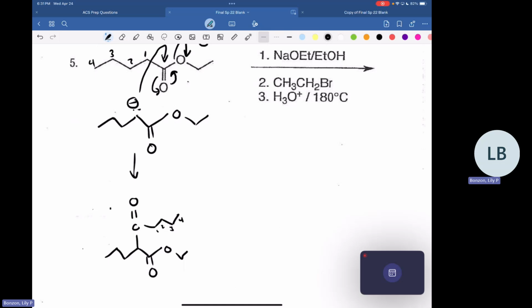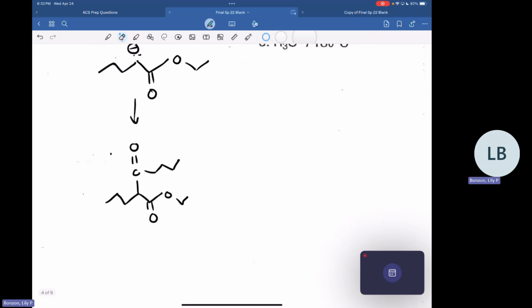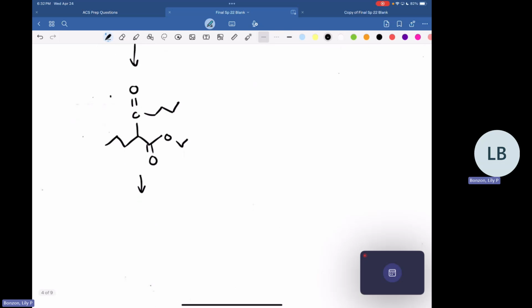So we've removed that O, CH2, CH3, and we're just left with the ketone instead. So then another equivalent of the NaOEt is going to deprotonate the alpha hydrogen that we formed right here.